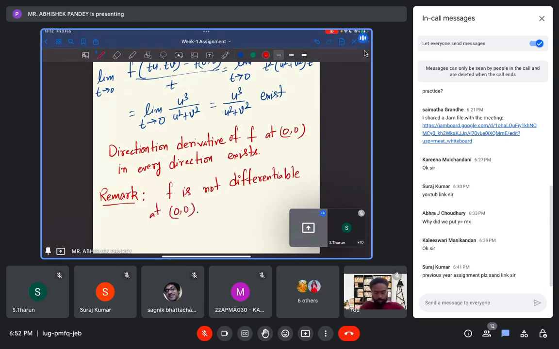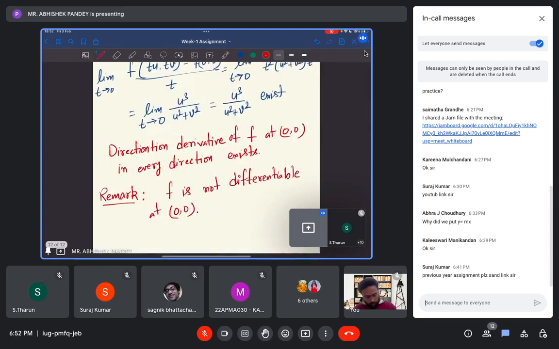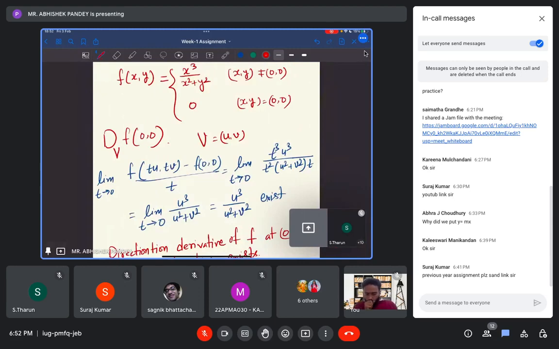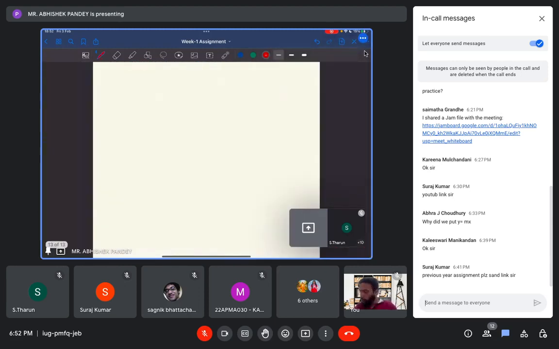So this gives an example of a function whose directional derivative at 0 comma 0 exists in every direction, but that function is not differentiable at 0 comma 0. So this is for the directional derivative. Let me see the other assignment problems.